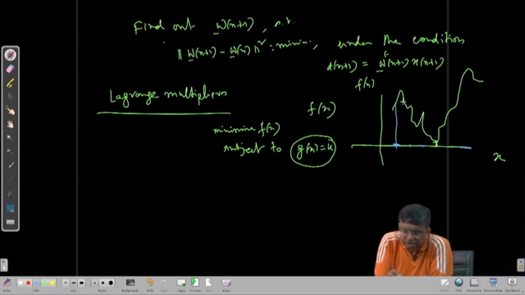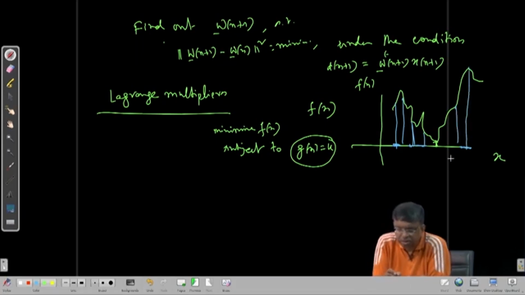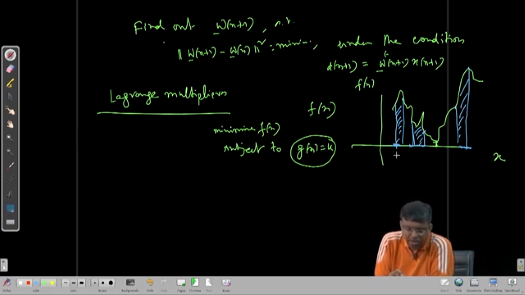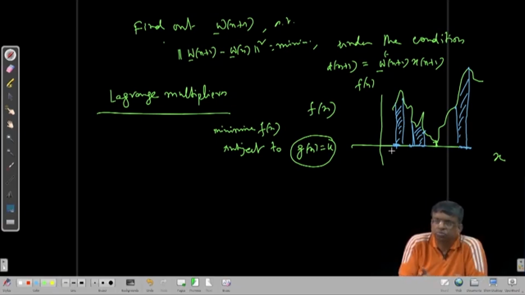If these are the places where g x equal to k is satisfied, suppose these are the places, you take the curve only this much, only this much, and only this much, and then find out what is the minima, and this minima is this point. These are constraint minima, right. So, to obtain this, what do we do? We construct a more general function.